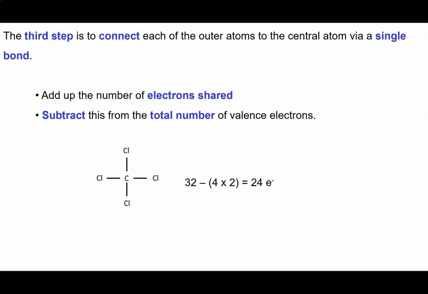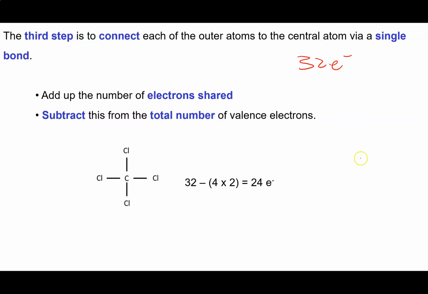So we've got 32 electrons to make all of our bonds with. So the third step in drawing a Lewis structure, now that I've identified my central atom and my outer atoms, is I should connect my outer atoms to my central atom by single bonds. And I have to do this because every outer atom has to be connected by at least a single bond.